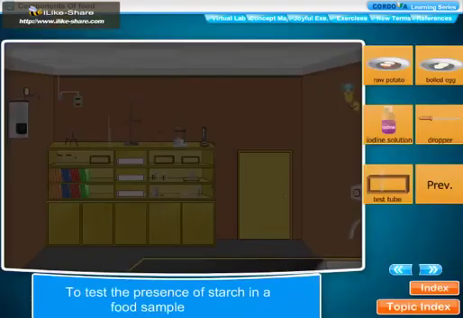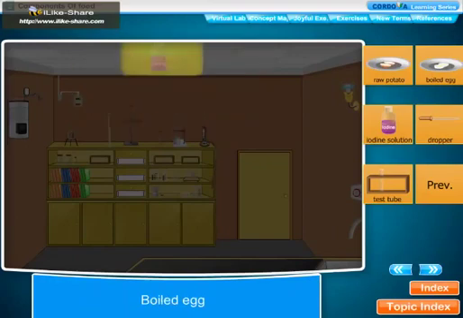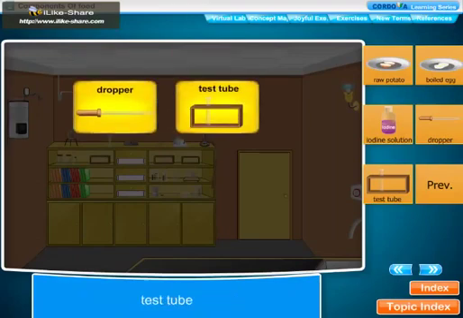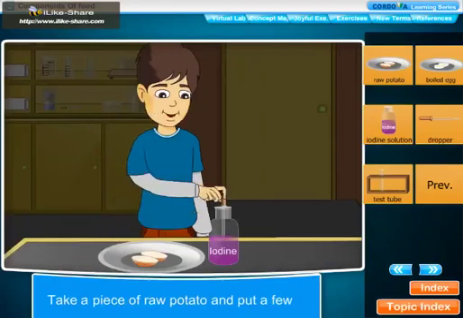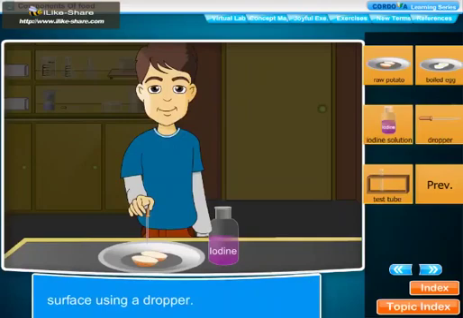Activity 2. To test the presence of starch in a food sample. Things needed: raw potato, boiled egg white portion, iodine solution, which is purple in color, dropper, and test tube. Method: take a piece of raw potato and put a few drops of dilute iodine solution on its cut surface using a dropper.